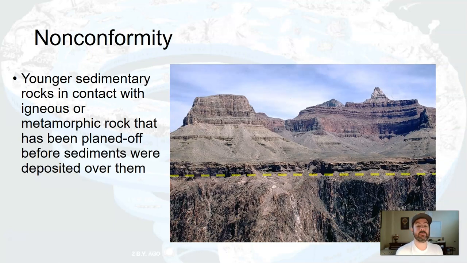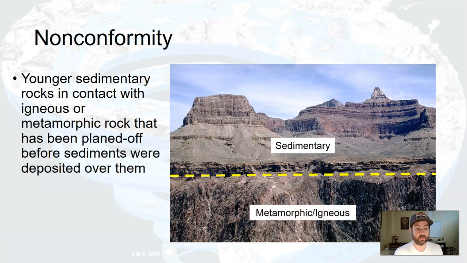Nonconformity is missing information between younger sedimentary rock on top and older igneous or metamorphic rock below that also has an erosional surface. Those are different processes. So you have some sort of metamorphic rock, usually formed by convergent boundaries, heat and pressure, or igneous rocks, an intrusion of magma or lava flows, and either of those were ground down, so you now have an erosional surface, and then sediment deposited on top that eventually would form sedimentary rock layers.